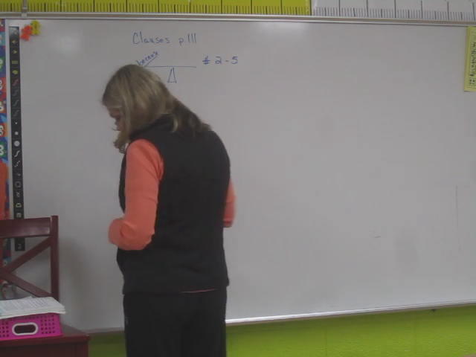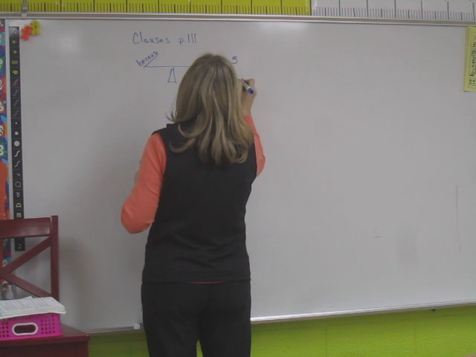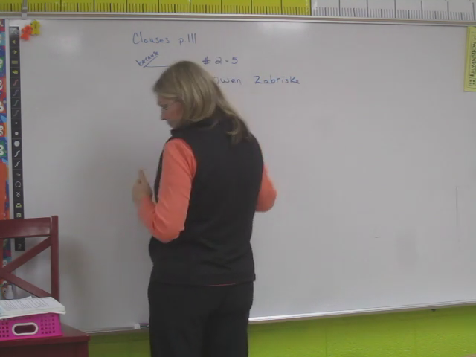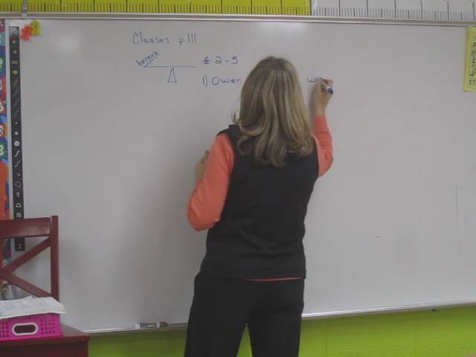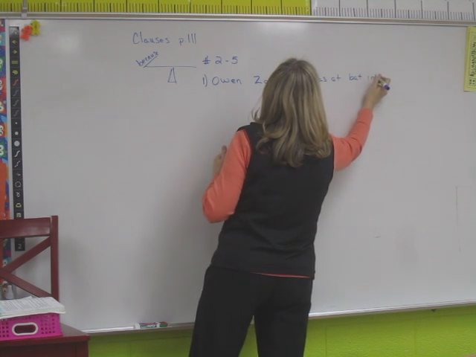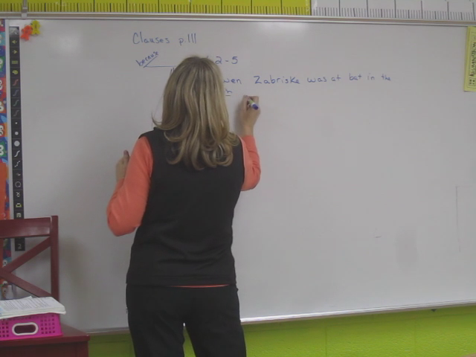So the first one is Owen Zabriskie, and you don't have to do number 1. Owen Zabriskie was at bat in the 8th inning. And I'm going to cheat on the word 8th.